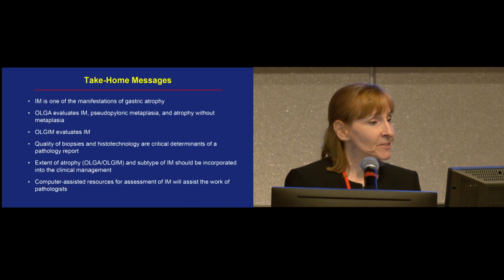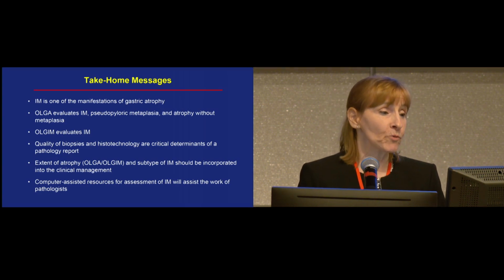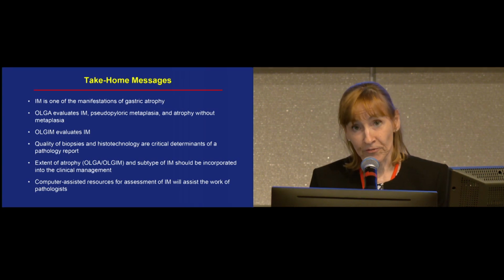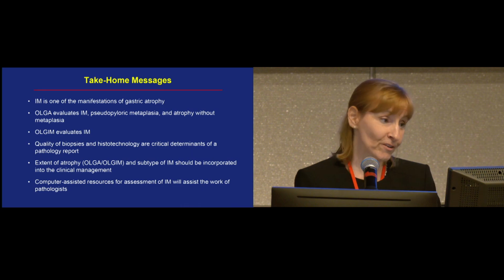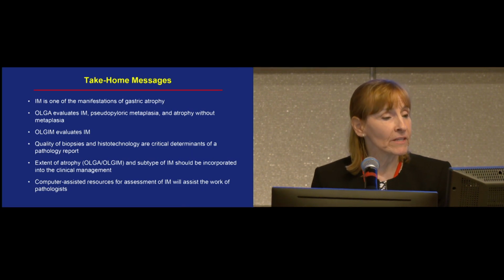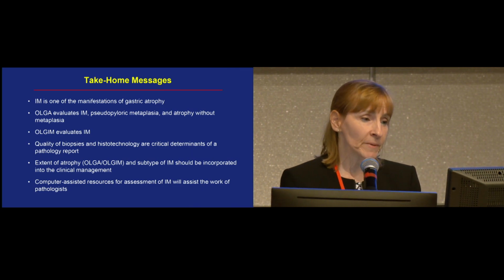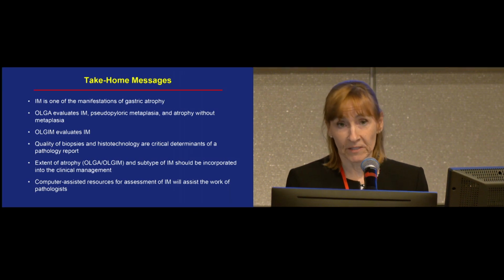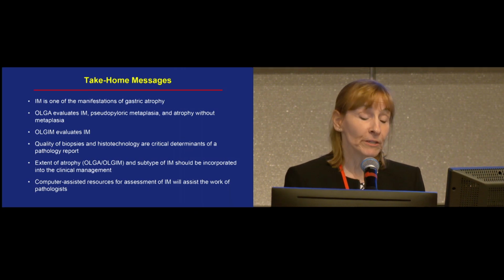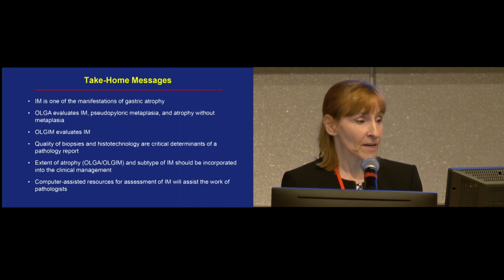And take-home messages. Intestinal metaplasia is one of the manifestations of gastric atrophy and not a different diagnosis. OLGA evaluates intestinal metaplasia, pseudopyloric metaplasia, and atrophy without metaplasia. And OLGIM only evaluates intestinal metaplasia.